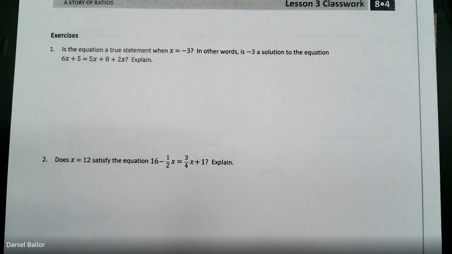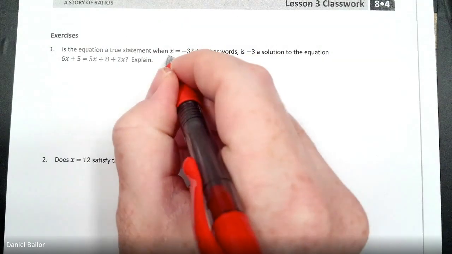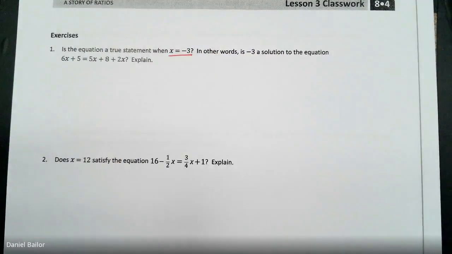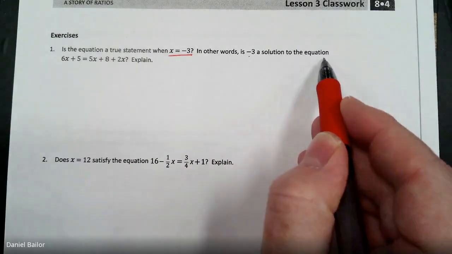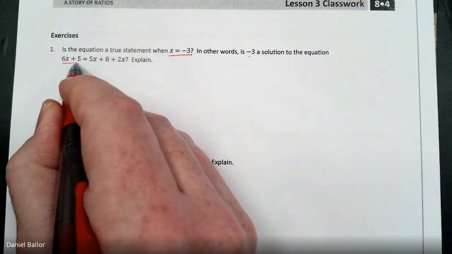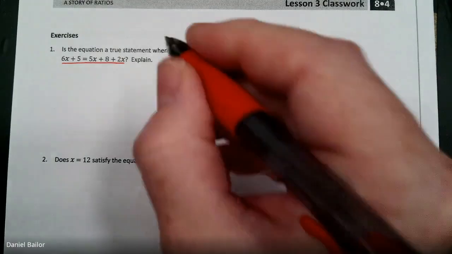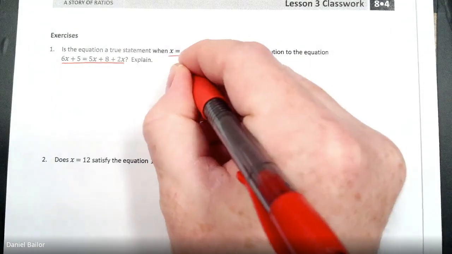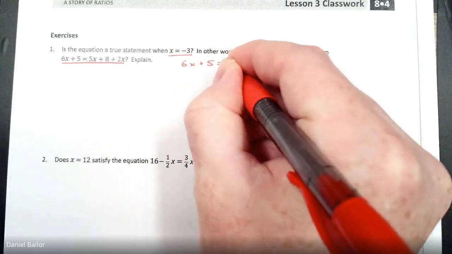Is the equation a true statement when x equals -3? So, x equals -3. In other words, is -3 a solution to the equation? So, x is -3, and this is the equation. Okay, so I'm going to copy the equation down myself, making sure I get it right.